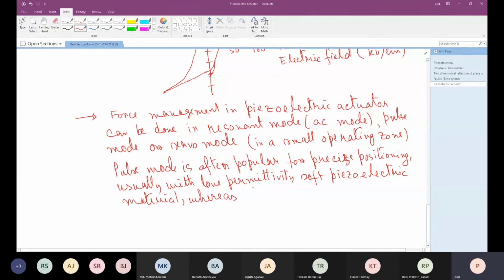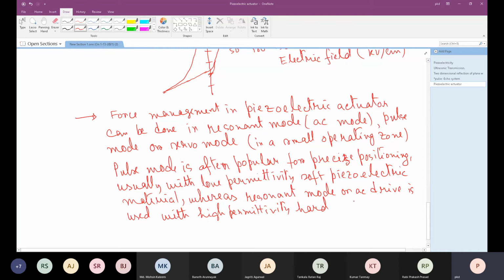Whereas AC drive or resonant mode is used with high Q, high permittivity, hard material.